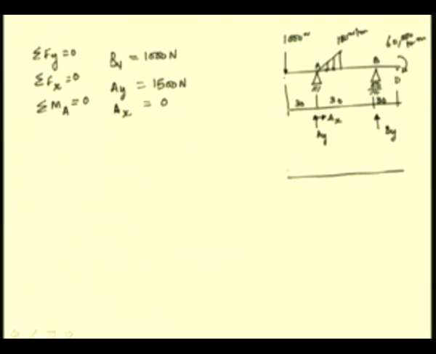So, we have 1000 Newton force at A, or let us say this point is C, and at A we have the reaction which is 1500 Newton, and then we have the negatively applied load which is uniformly varying, and at B we have the upward reaction of 1000 Newton force.